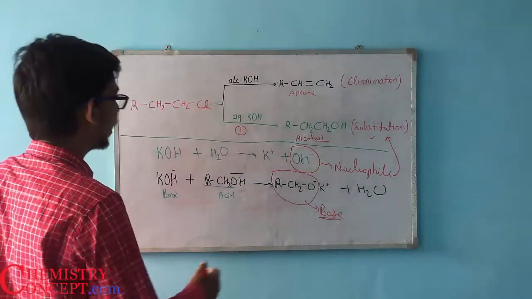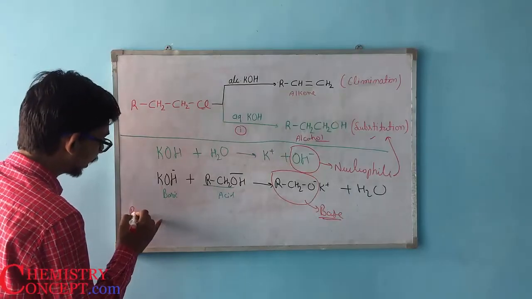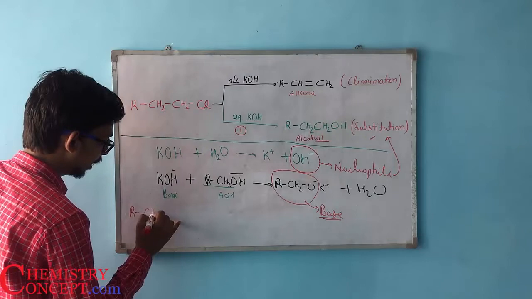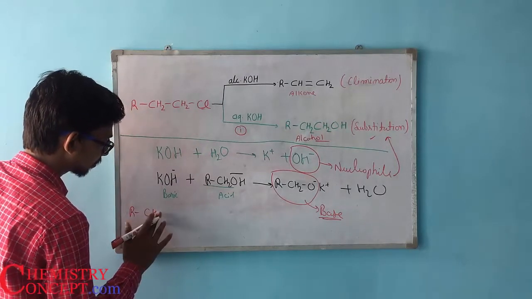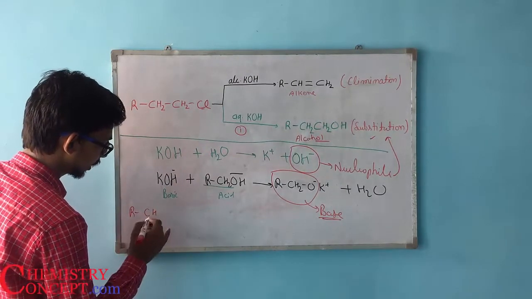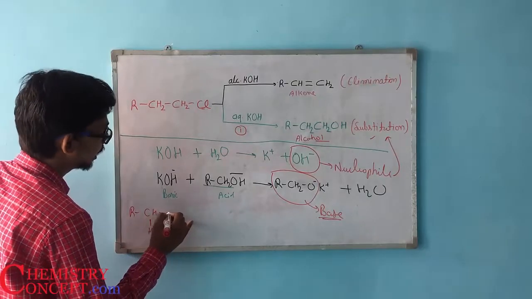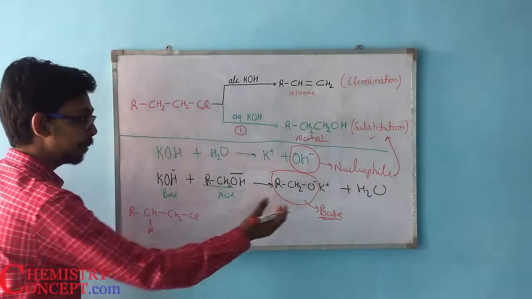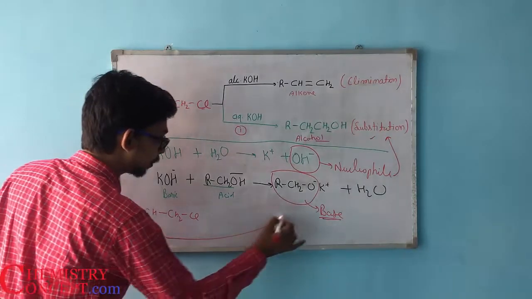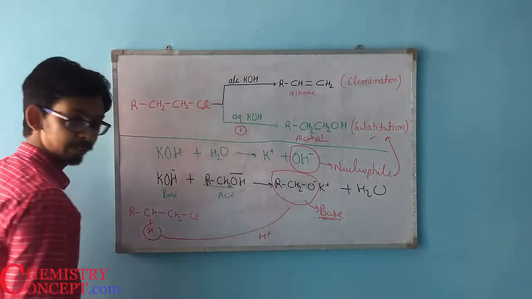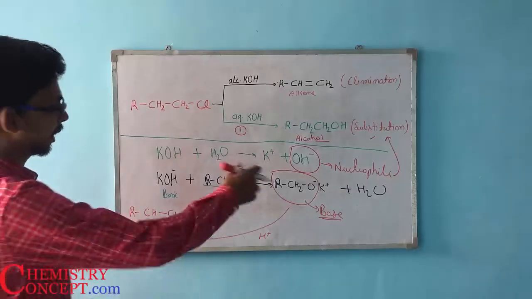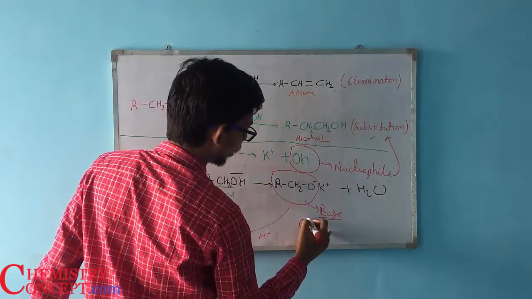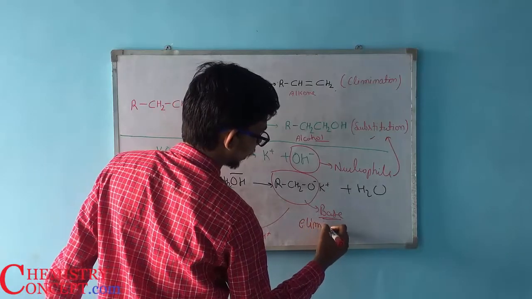Because it behaves as a base, rather than replacing the chlorine and forming a bond with the carbon, it prefers, because it is a base, it has greater affinity for hydrogen. It prefers to remove the H positive from here. Then Cl is removed, resulting in formation of alkene, or we can say elimination takes place.